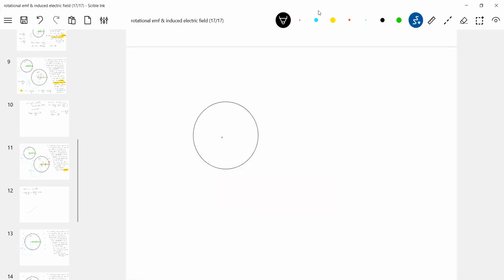So there's a solenoid of radius a. Inside the solenoid, the magnetic field present will be uniform, but it will be time varying. Now there's a circle. Let its radius be r, and this is the point P2.